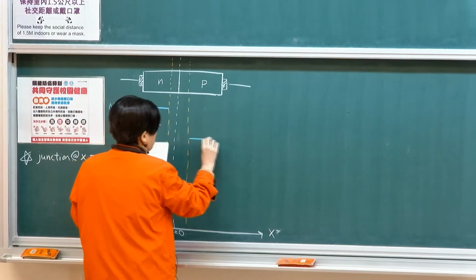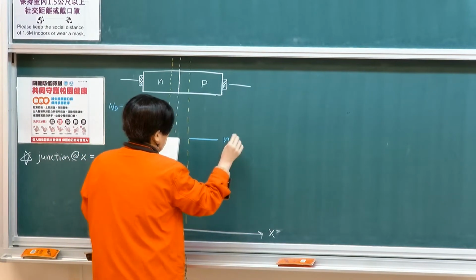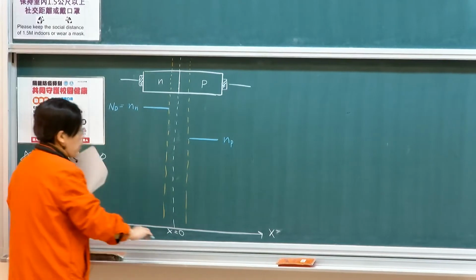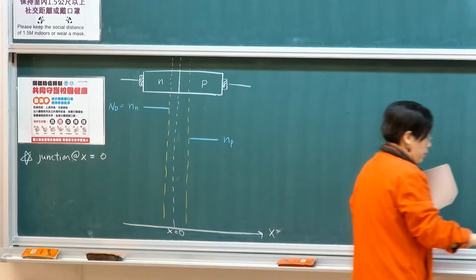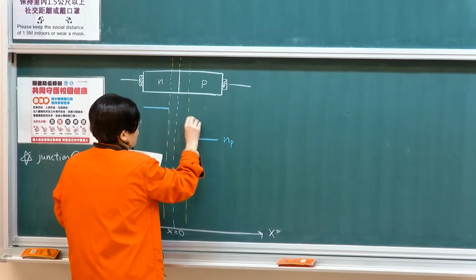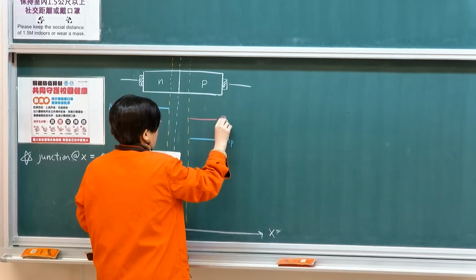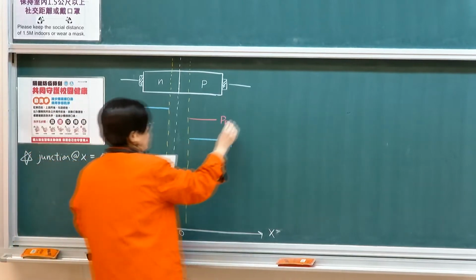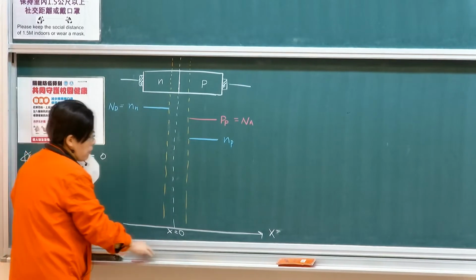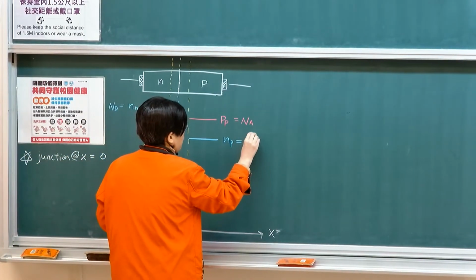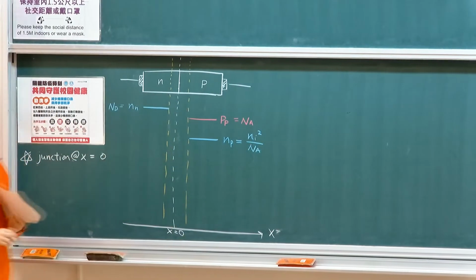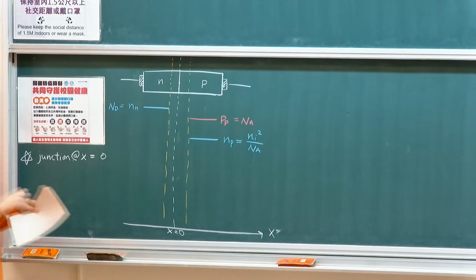And the right side will be Np, away from the border, so it's like a normal country. Now if I draw the P, Pp equals the doping concentration at the P side, and Np will be Ni squared divided by Na. So I can find these levels.